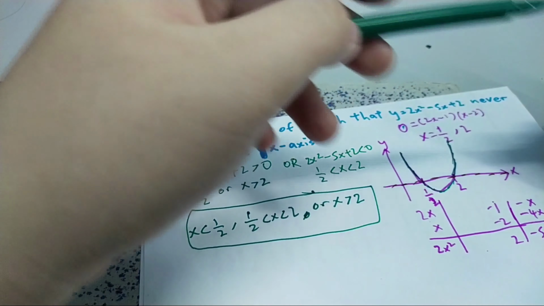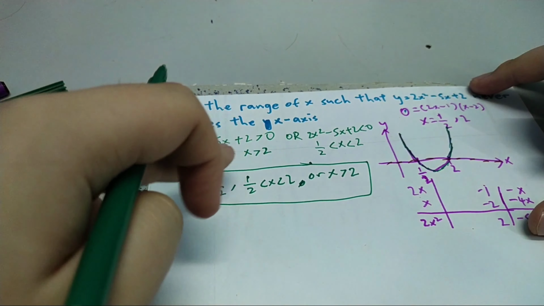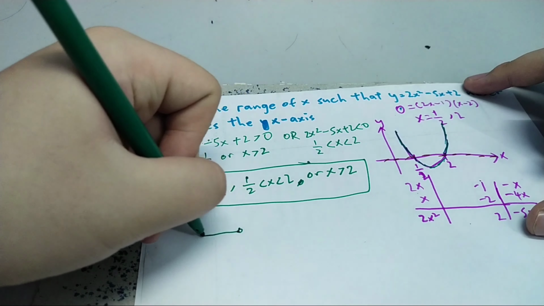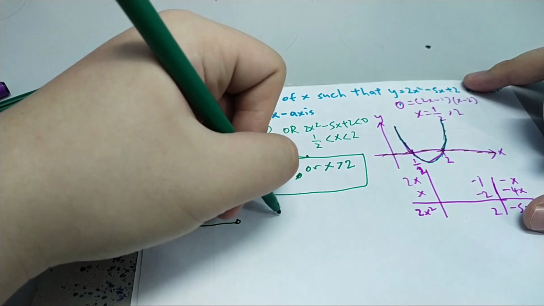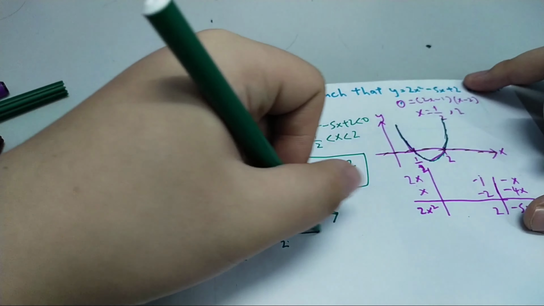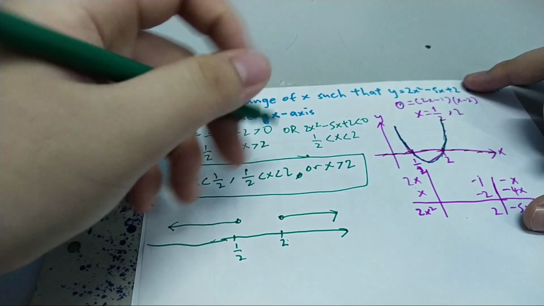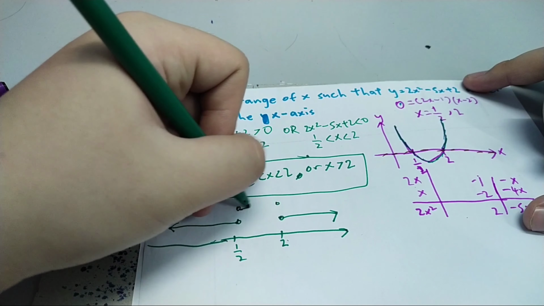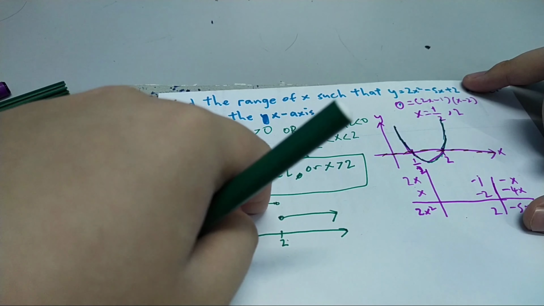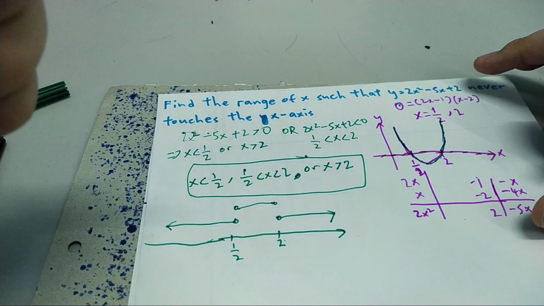What do I mean by combining the regions? For example, x is bigger than 1 over 2 or x is bigger than 2. Let's say this is 1 over 2 and this is 2, you draw a number line right here, and x in between 1 over 2 and 2 is the second one. Do you think that we can combine these? No. And don't think that the overlapping region is the solution.